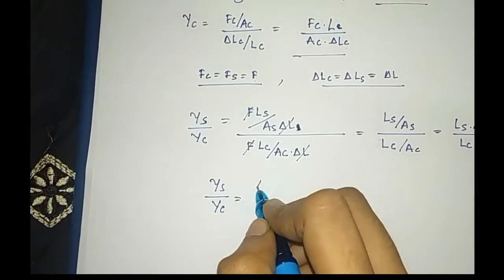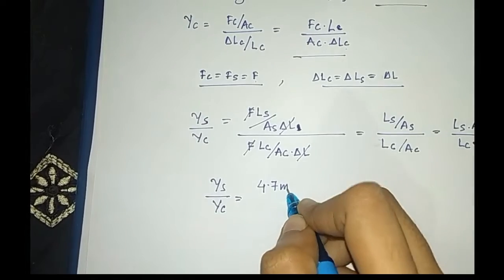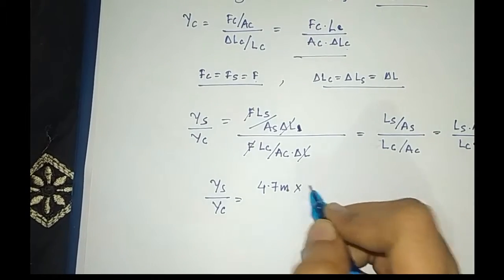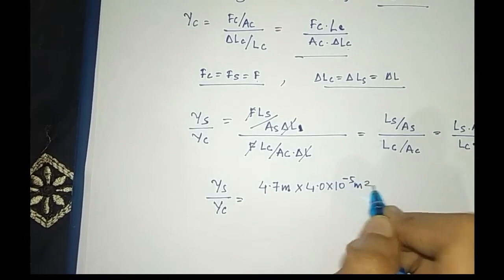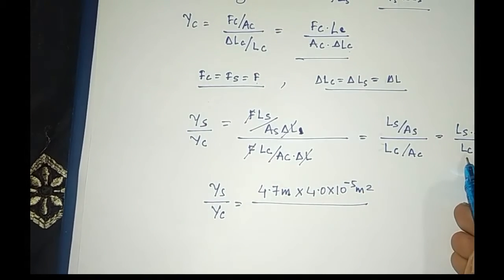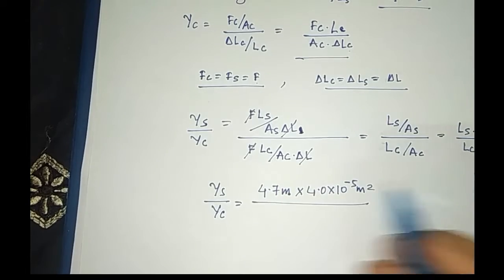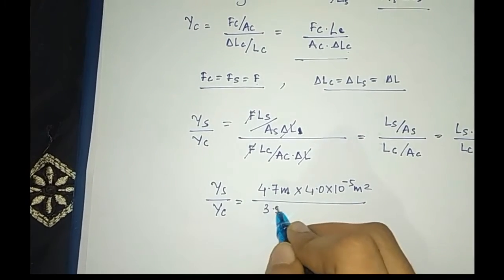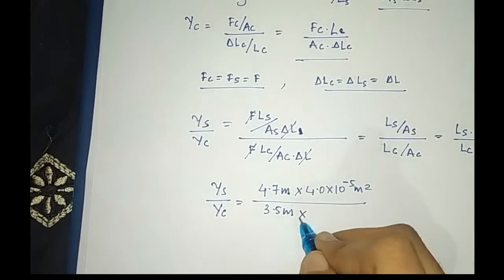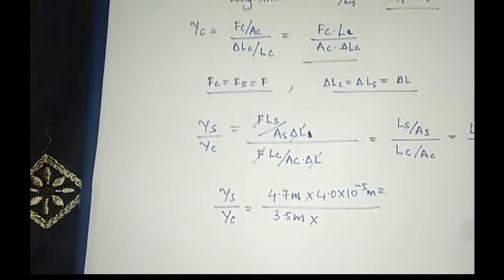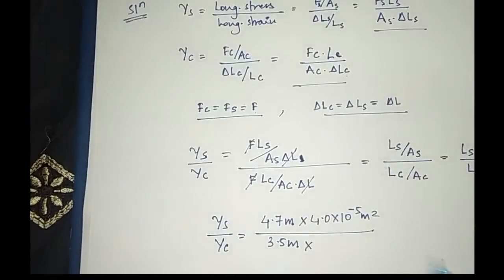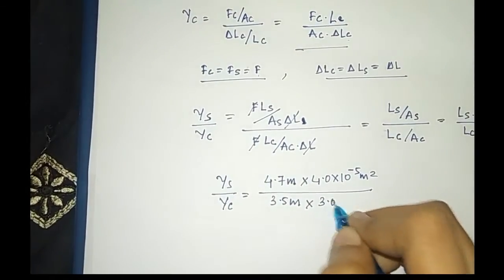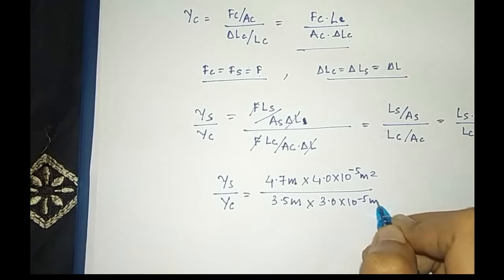Length of steel is 4.7 meter. Area of copper is 4.0 into 10 raised to minus 5 meter square. Length of copper is 3.5 meter and area of steel is 3.0 into 10 raised to minus 5 meter square.